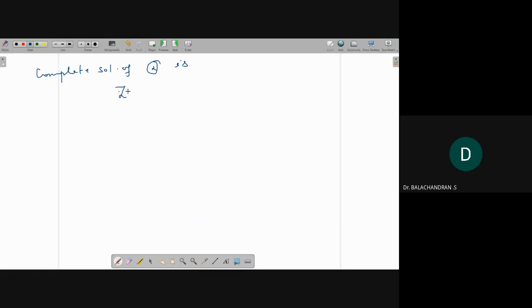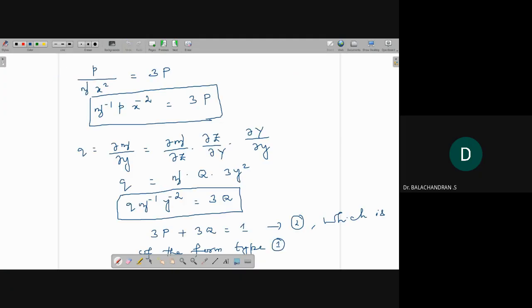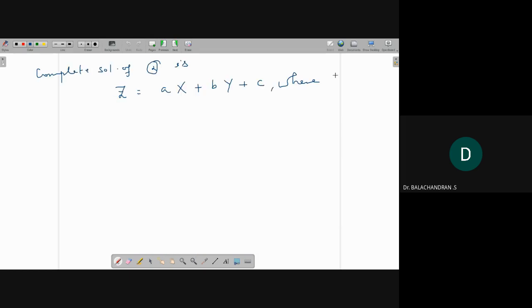Capital Z equal to A into capital X plus B into capital Y plus C, where capital P is A. So 3A plus 3B is equal to 1. Now I need to replace either A in terms of B or B in terms of A.